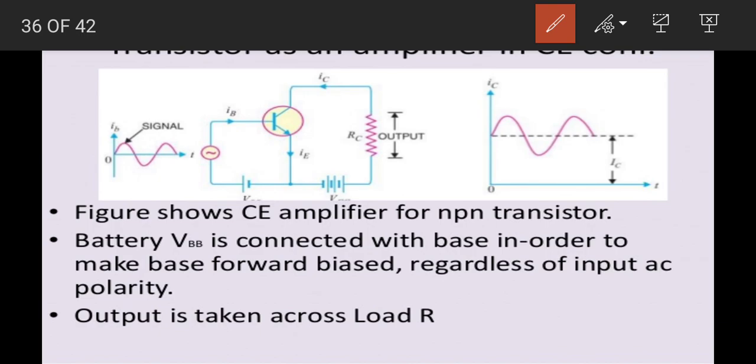Remember, if the arrow of the transistor's emitter terminal is outside, then it is always an NPN transistor. So take care, and next time don't forget that. Fix it in your mind: if the arrow of the emitter terminal is outside, then the transistor is NPN, and if it is inside, then it's PNP.